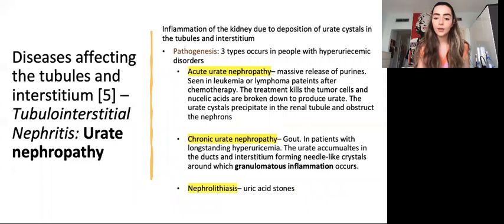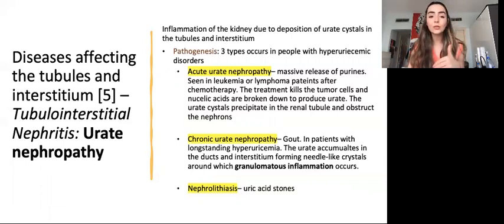Then we have urate nephropathy, which is inflammation of the kidney due to deposition of urate crystals, which can be acute, chronic, or from uric acid stones. If it is acute, it is mostly caused by leukemia or lymphoma after severe chemotherapy, where you have a massive release of purines. This treatment kills the tumor cells and the nucleic acids are broken down to produce urate.